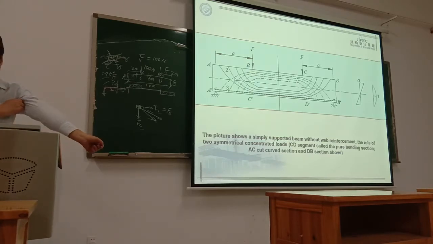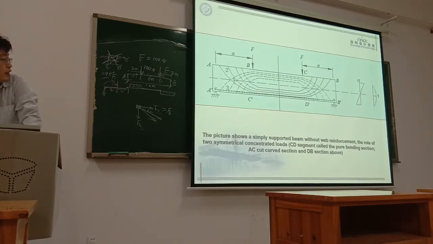Okay, we continue to see this chapter 4. You see, we do this test for this simply supported beam with two concentrated forces, and in the middle part, this part, there's no web reinforcement. Here we see the web reinforcement merely refers to the stirrup and the planar or oblique reinforcement.